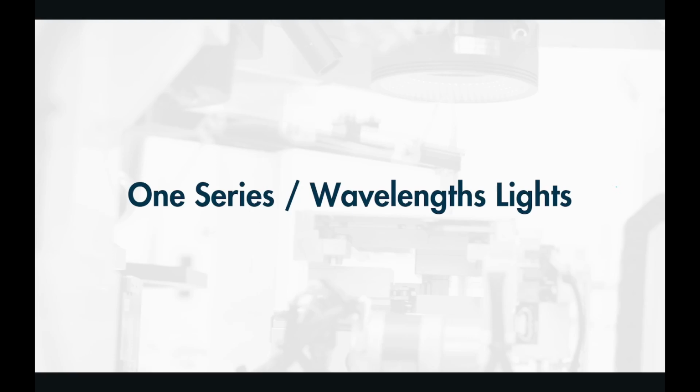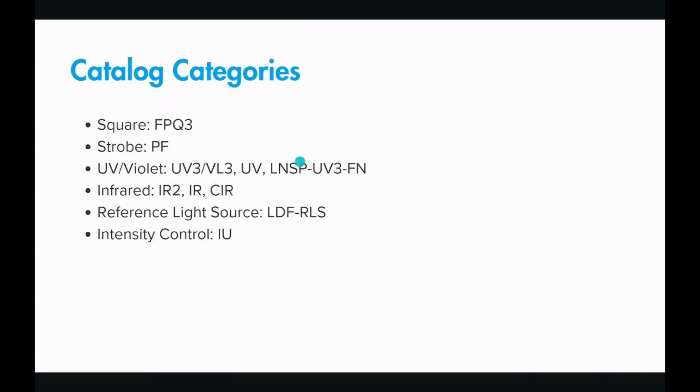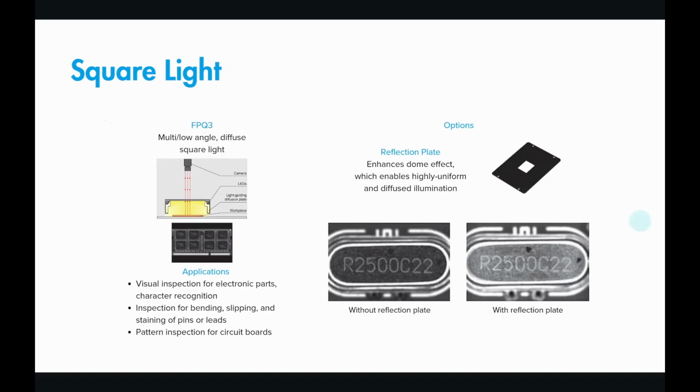So next after this, there's kind of series where there's just one light in the series or type, and then different wavelength specific series that the catalog has. So I'll talk about square lights, strobe lights, UV, infrared, reference light sources, and then the IU series. So for square lights, we have the FPQ3.